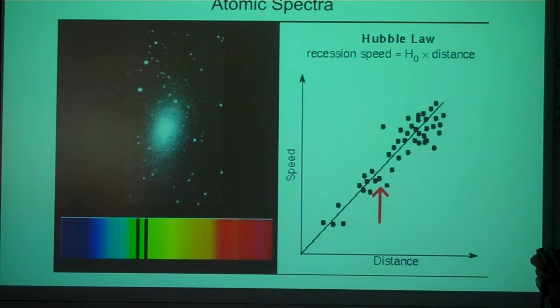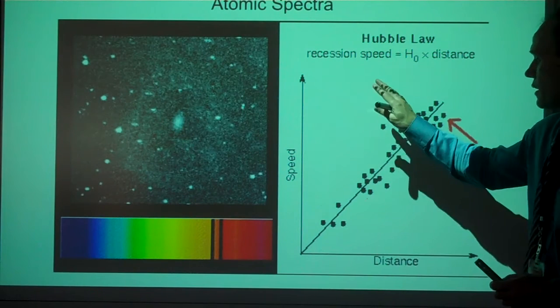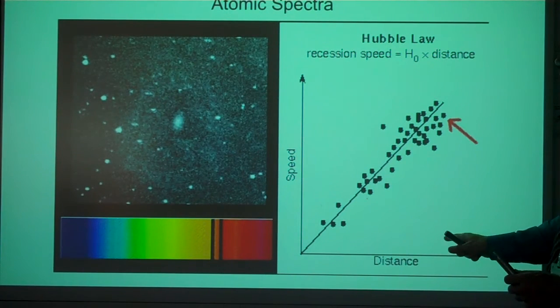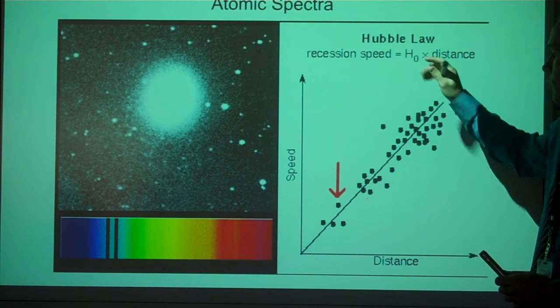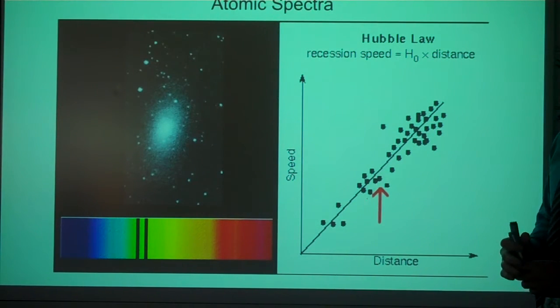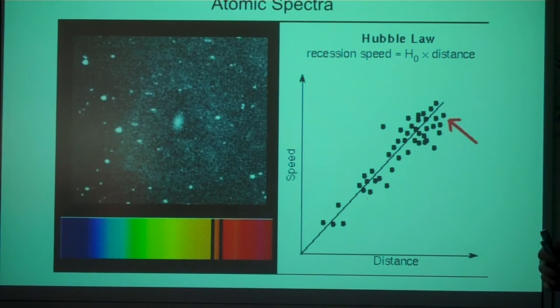Right. This is where it becomes more complex. Atomic spectra. This is the graph that shows us that in terms of Hubble's law, the further galaxies are away, the faster those galaxies are travelling. We talked about that last class as well.